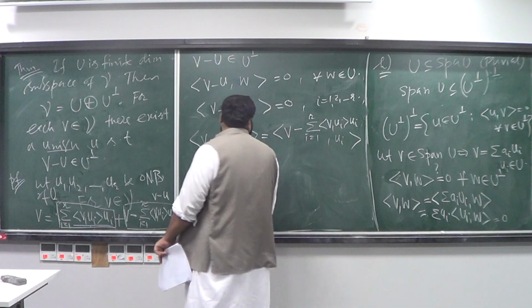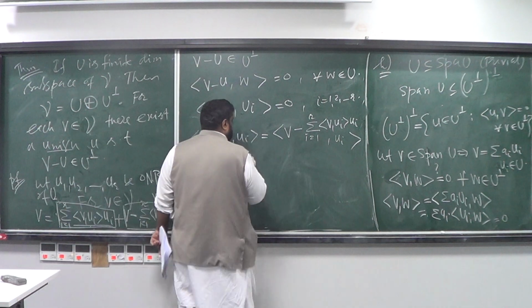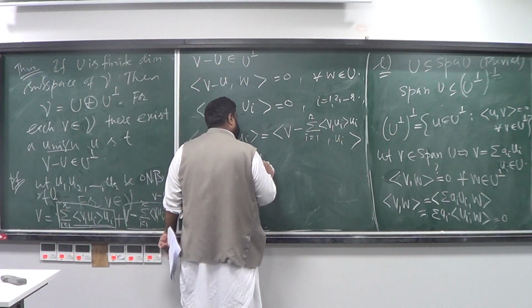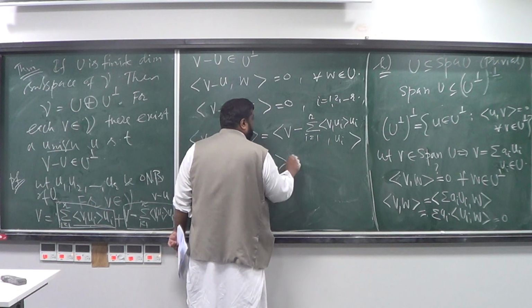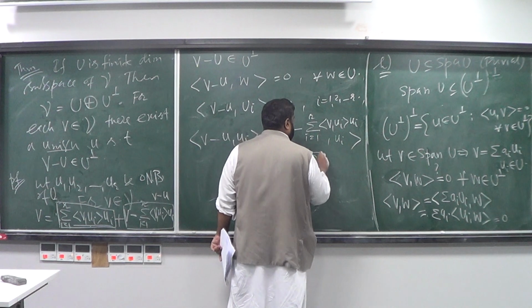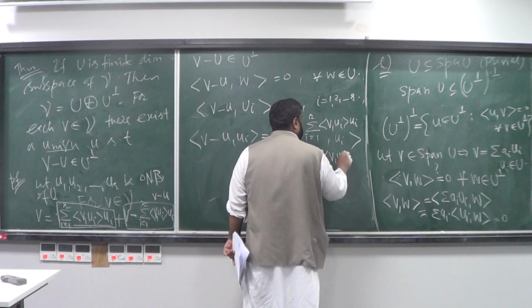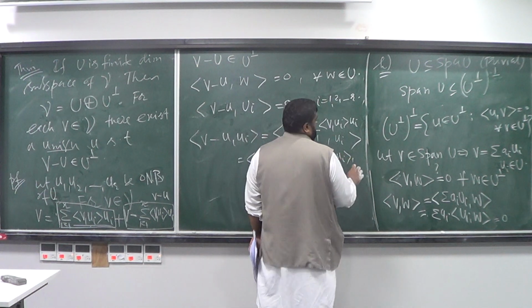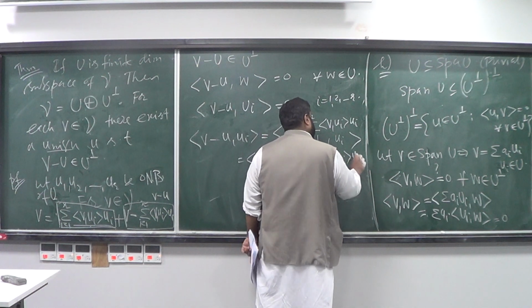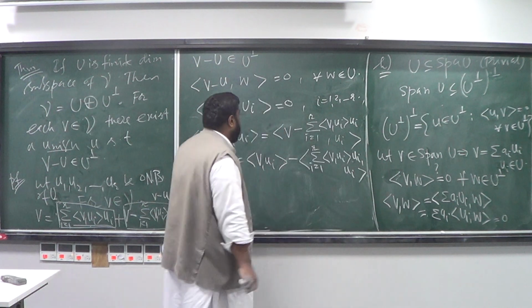This is what you're going to get. Then I can simplify this as the inner product of V with u_i minus the inner product of the sum from i equal to 1 to r of (V, u_i) u_i with u_i.